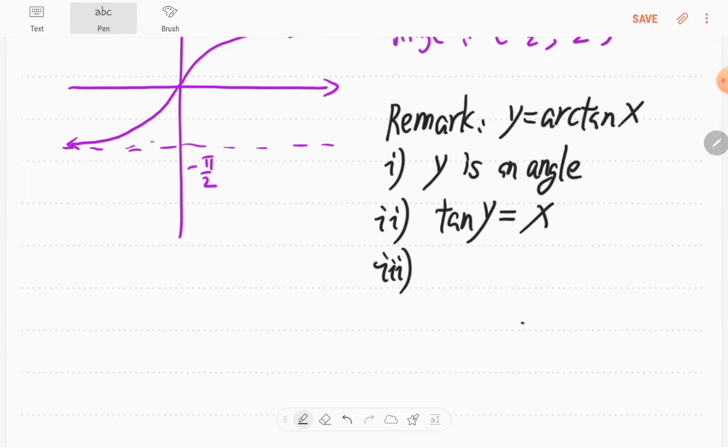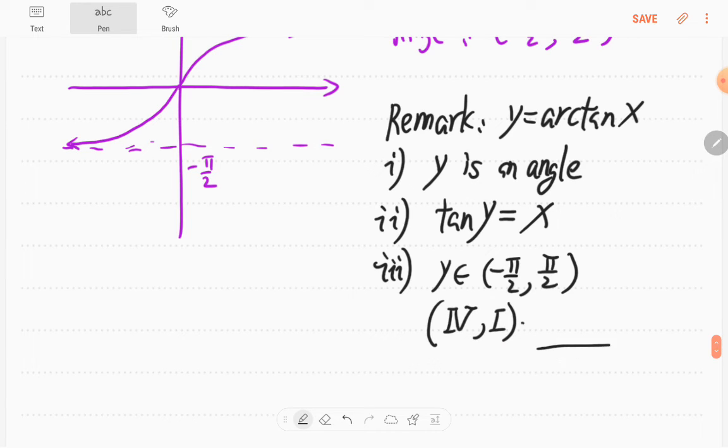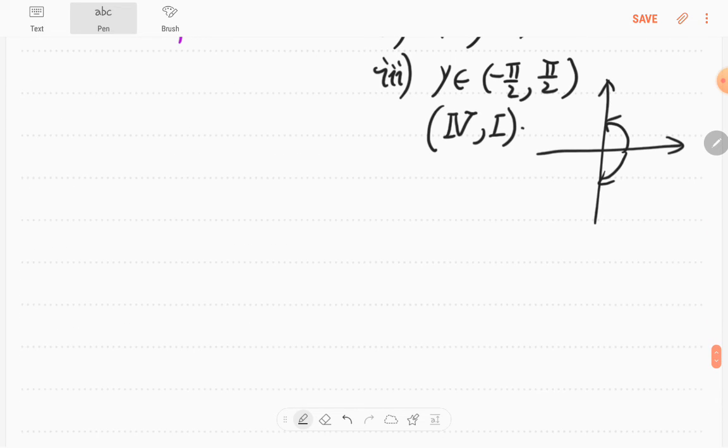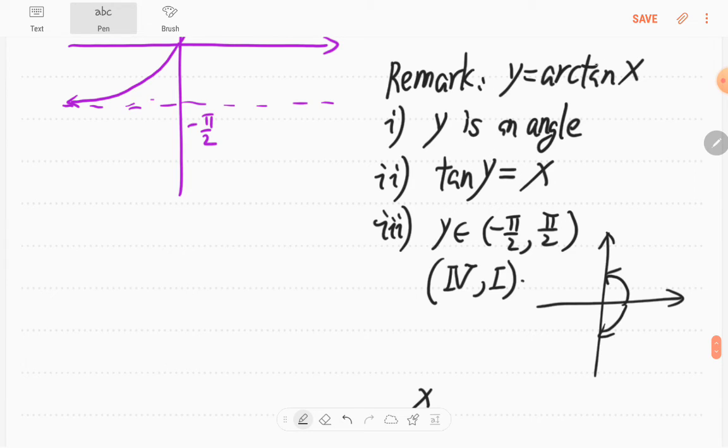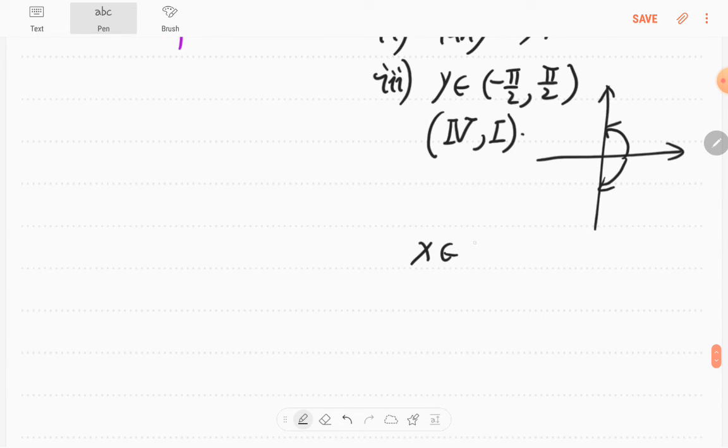The third one, this y is an angle between negative pi over 2 and pi over 2. So the terminal side should be lying in the first or the fourth quadrant. And the input for the arctangent, this x, could be any real number.